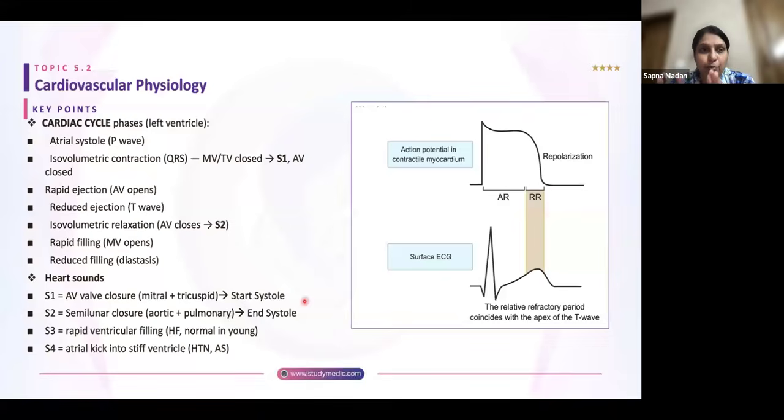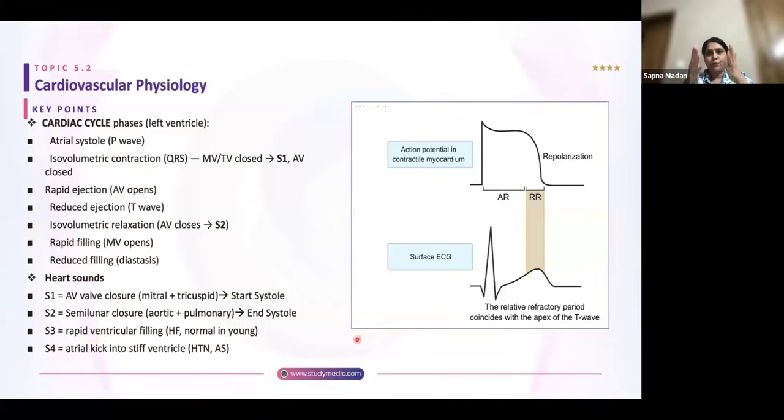And let's talk about the left ventricle. First, the atrial systole will happen. Atrial systole is when the ventricle starts filling. The mitral valve is open, the tricuspid valve is open, and the atria is contracting. This is the P wave. The atrial systole is represented by the P wave. The atrial systole is actually the last bit.